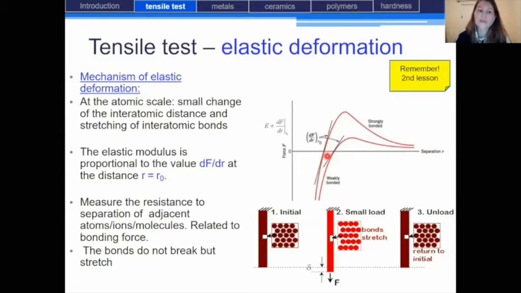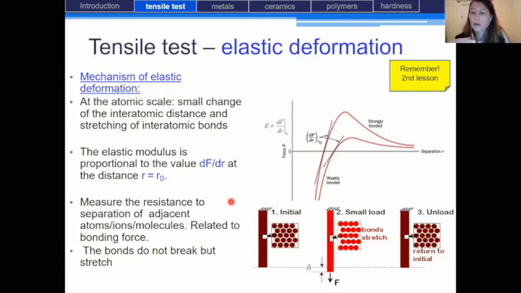Okay, so in fact, in this region of elastic deformation, the elastic modulus will measure the resistance to separation of adjacent atoms or ions or molecules, and it is directly related to the bonding force. And so the materials that have a high bonding force between the atoms will have a higher elastic modulus than the ones with a low bonding force.